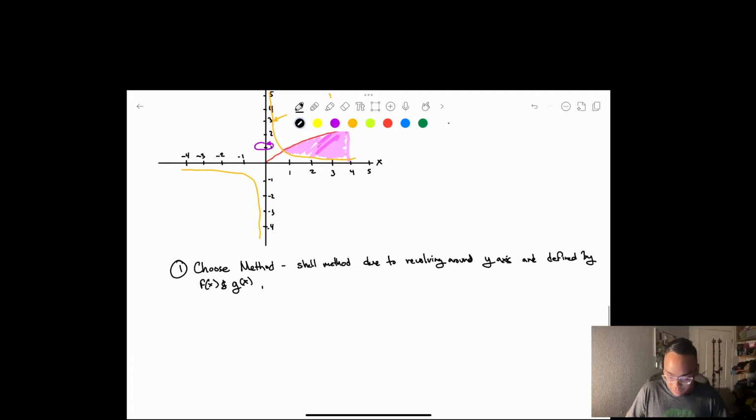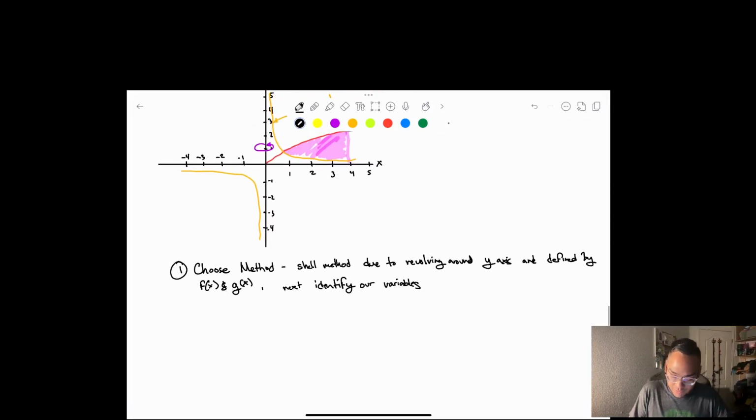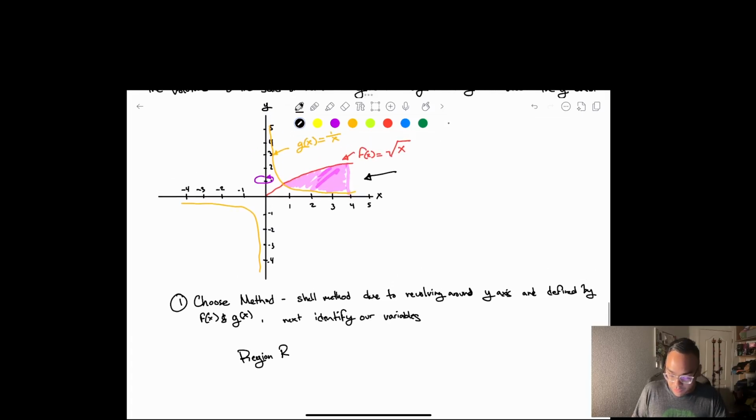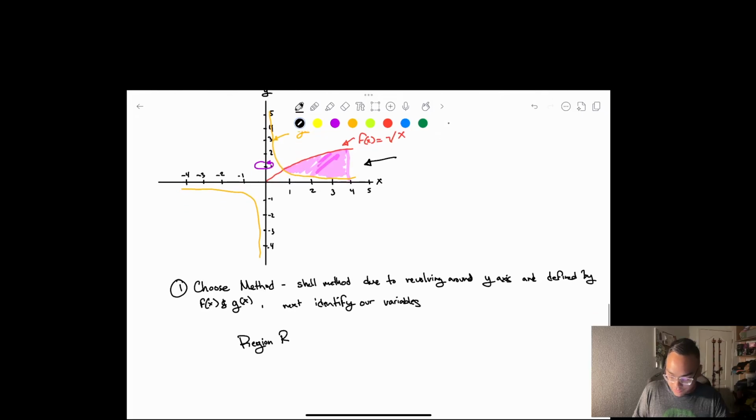Next, we have to identify our variables. We know that this is a region, right? Region R. What variables do we have? We know that f of x is equal to the square root of x.